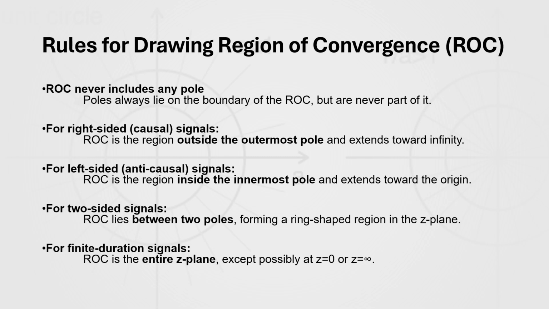Finally, for finite duration signals that are 0 outside a finite range of n, the ROC is the entire Z plane, except possibly Z equals 0 or infinity. These rules will become clearer when we look at specific examples.